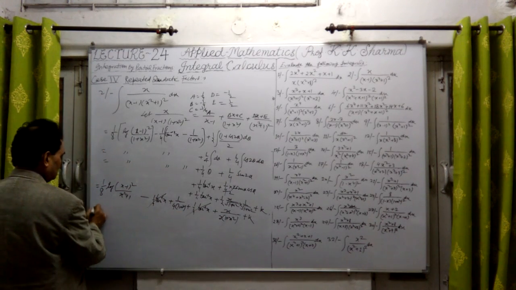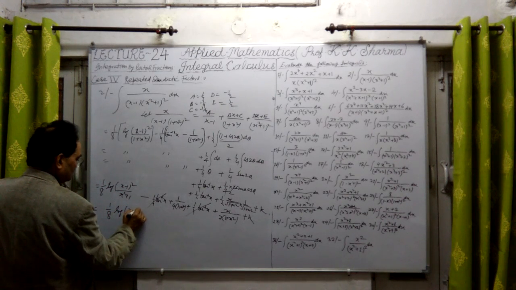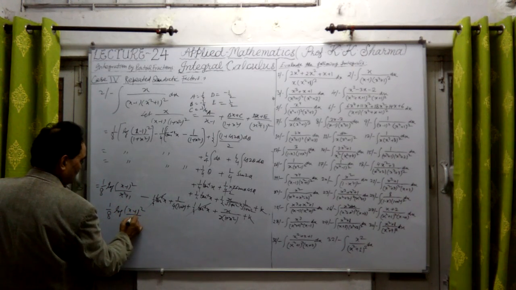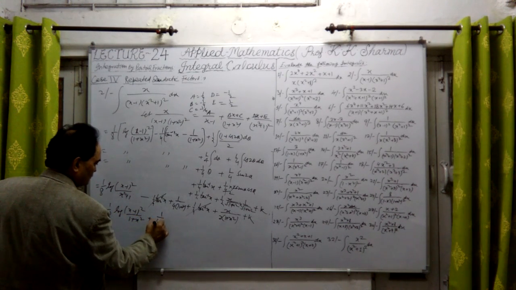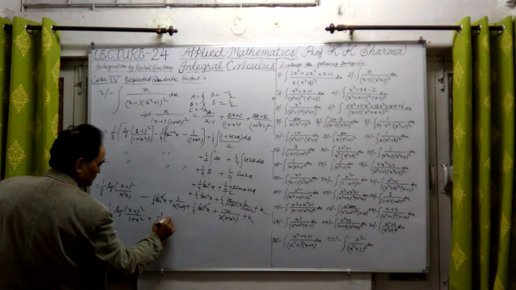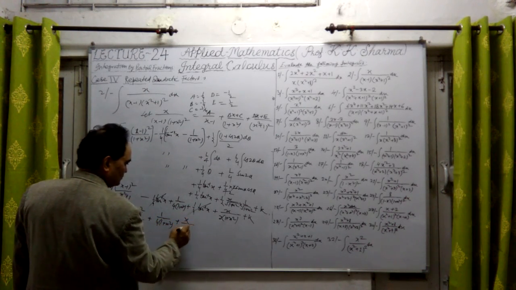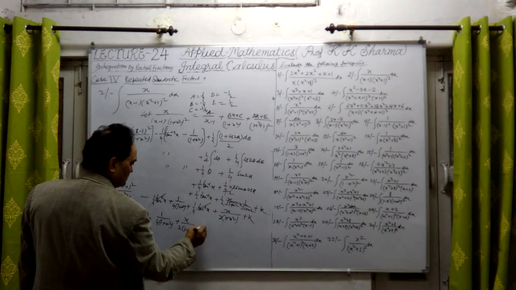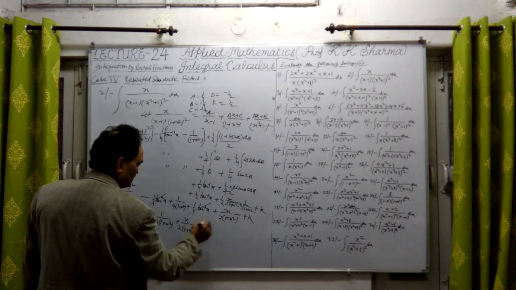So let me write afresh. This is 1/8 log of x minus 1 whole square upon 1 plus x square, plus 1/4 into 1 plus x square, and plus x upon 2 into 1 plus x square, and plus k constant.